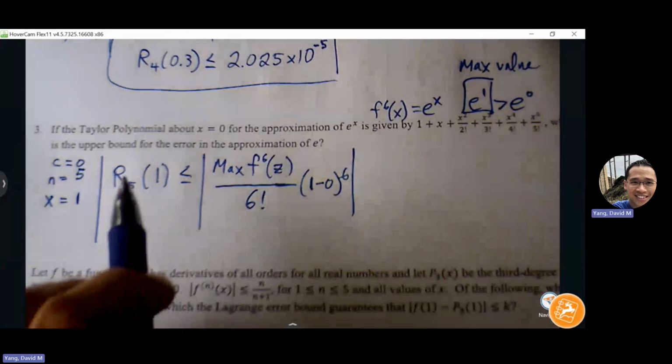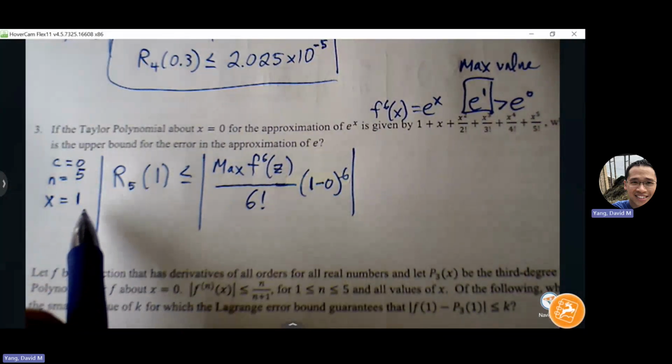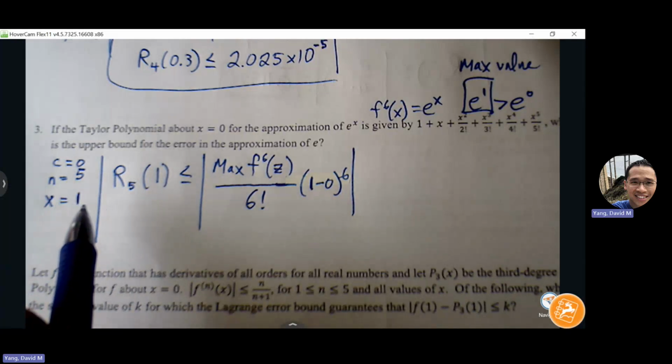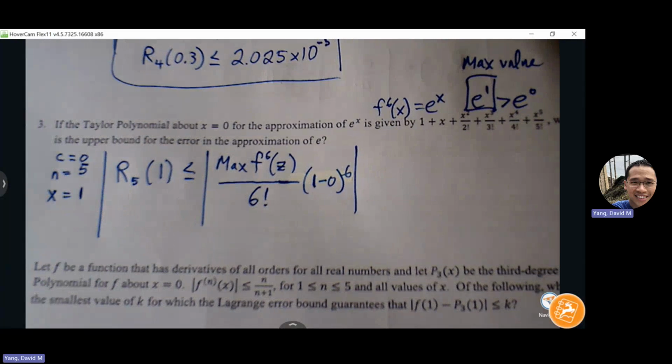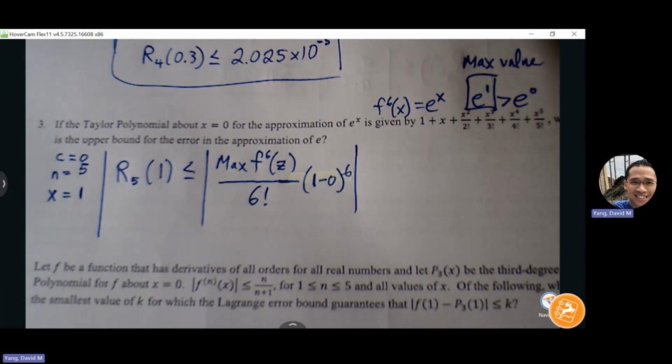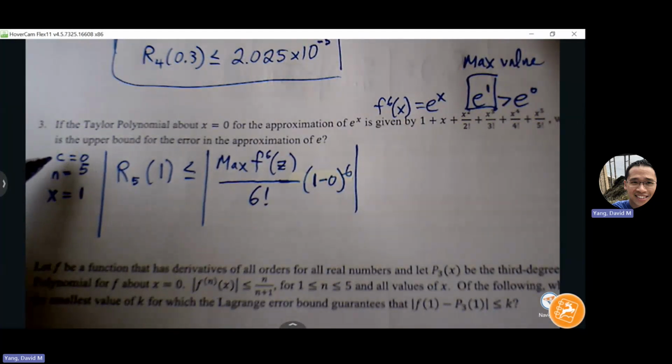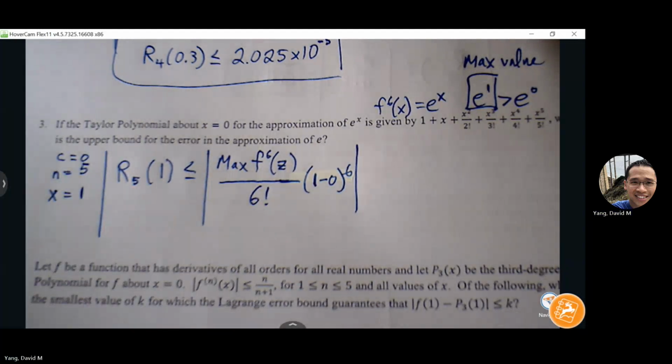You're only testing 0 and 1. Yeah, you're only testing your center and your X value. That's all you need to test, unless it's sine and cosine, then you just know it's always gonna be 1. So if you don't know what the max value is, your max value will be guaranteed to be at one of the C or X values.